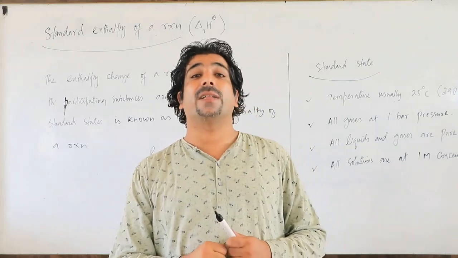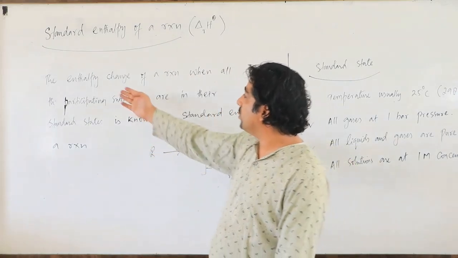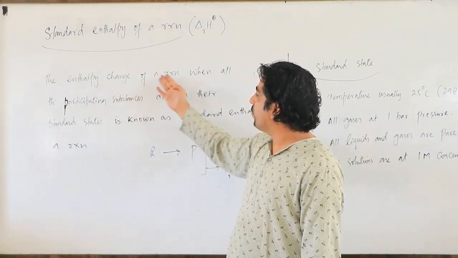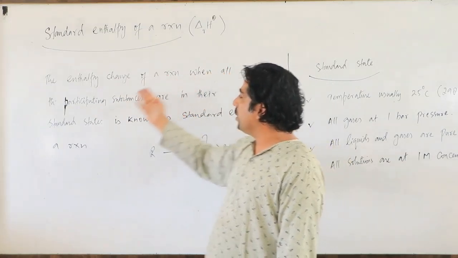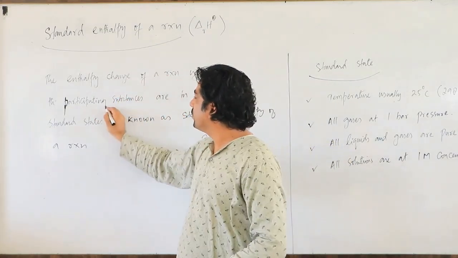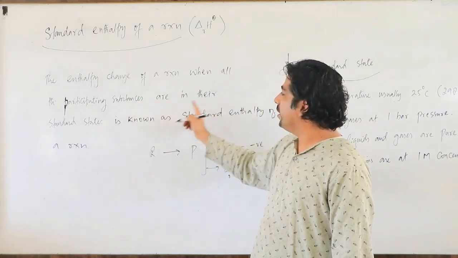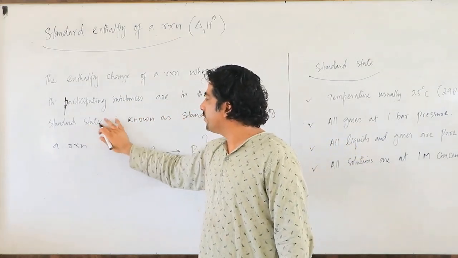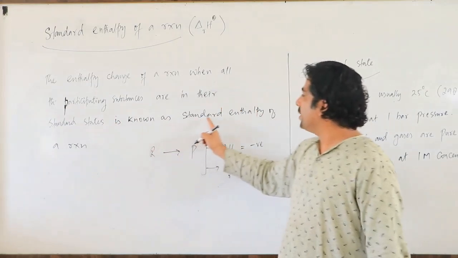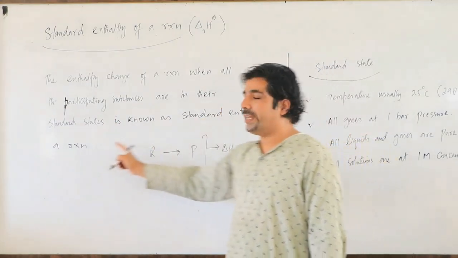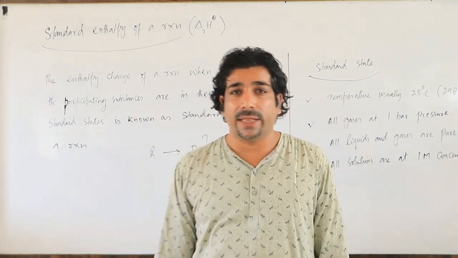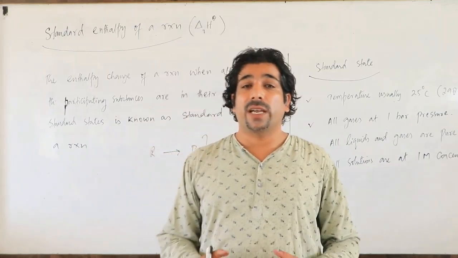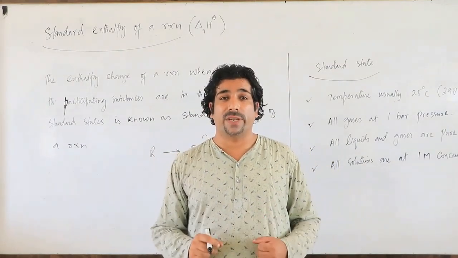But this delta HR will give me the enthalpy of a reaction. Here I am talking about the enthalpy change of a reaction when all the participating substances are in their standard states, which is known as the standard enthalpy of a reaction. So here I am not talking about the enthalpy of a reaction, I am talking about the standard enthalpy of a reaction.